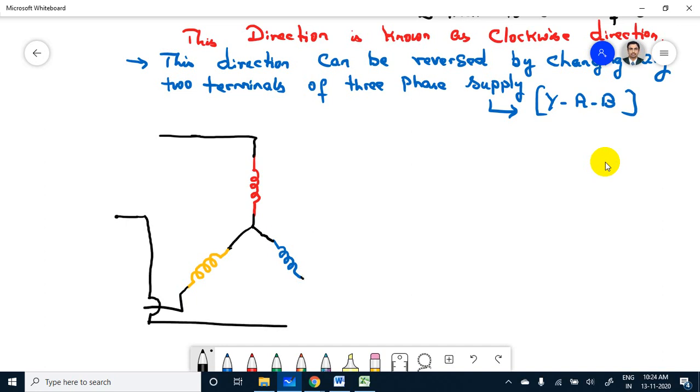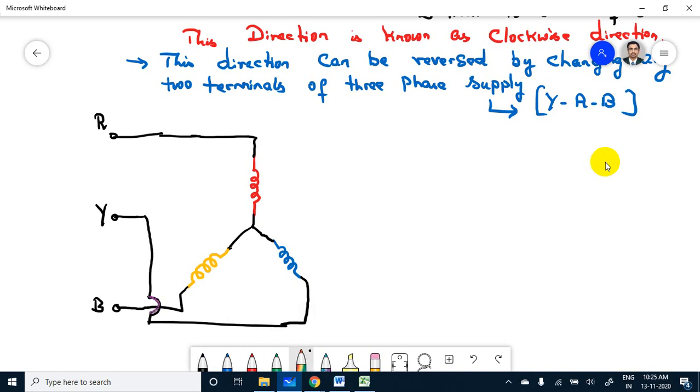It is connected to Y. Okay, so this terminal will be R, this terminal will be Y, and this terminal will be B, and this is the jumper.